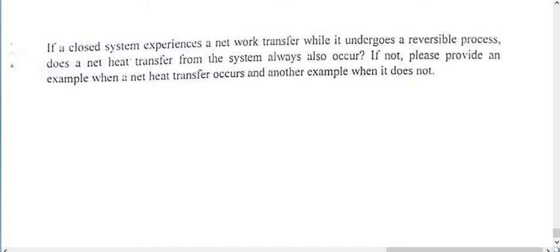So what we are going to analyze is the heat transfer, whether it can occur or not, and if not, then we provide an example in which heat can occur and in which heat cannot occur. After that we'll just give two examples of them and we call it a day. So let's start with the solution, as we always proceed with the solution.